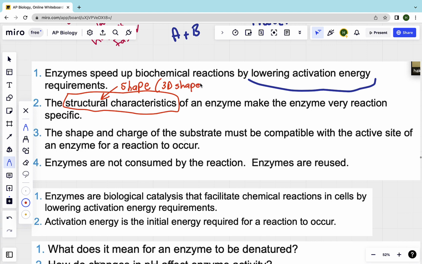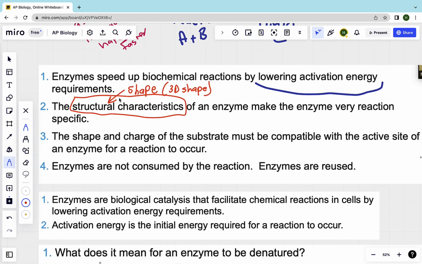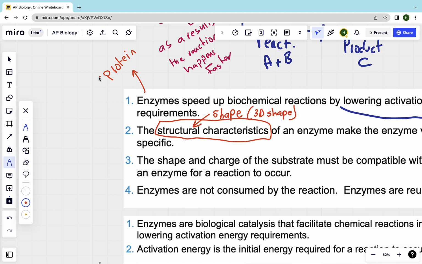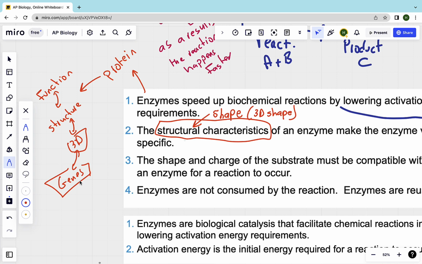What you said is right, because an enzyme is a protein, right? And the function of the protein is related to their structure or shape. And their shape is related to their 3D shape, which is related to gene expression. It's like a tertiary structure. Yes, tertiary structure, very good.